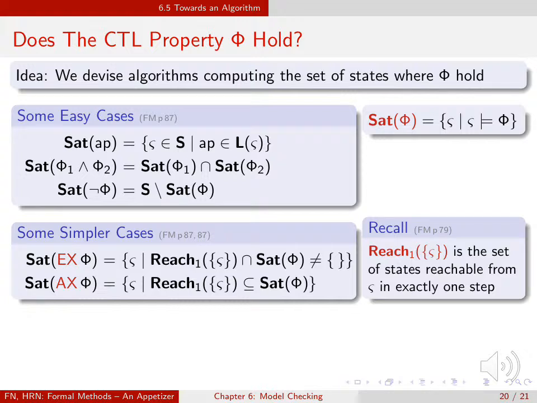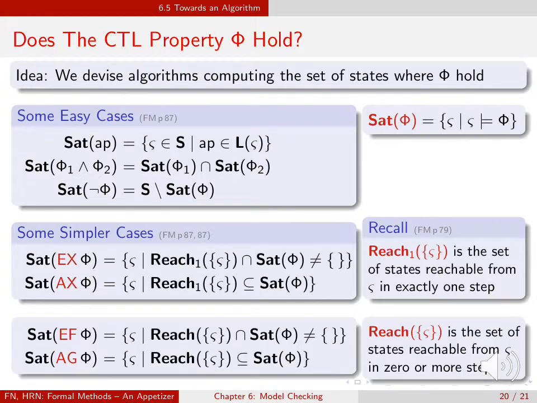So, the formula for EX of phi gives us all of the states sigma such that what is reachable from sigma in one step will contain a state that is also satisfying phi, or written as here, the intersection between the set of states reachable in one step from sigma and the set of states satisfying phi is non-empty. For AX of phi, we take all the states sigma such that everything reachable in one step from there will be contained in the set of states satisfying phi.